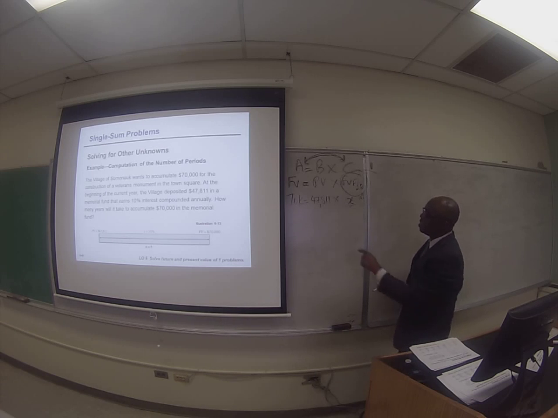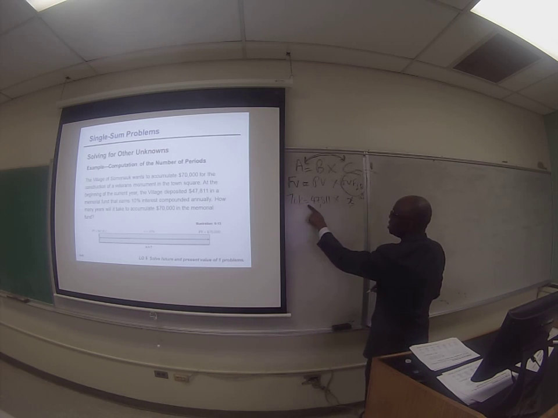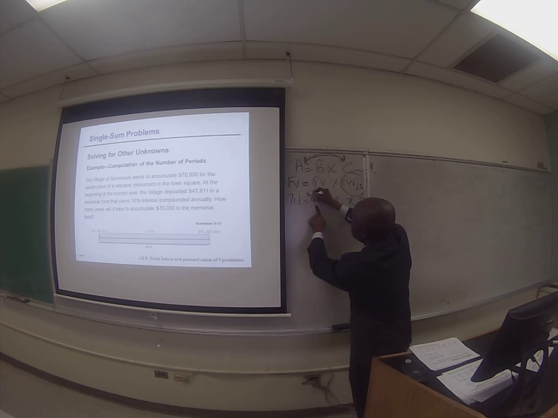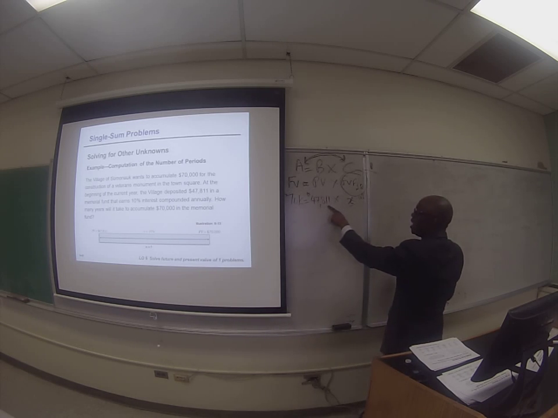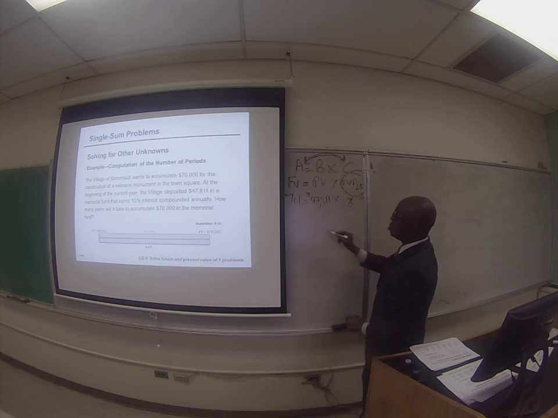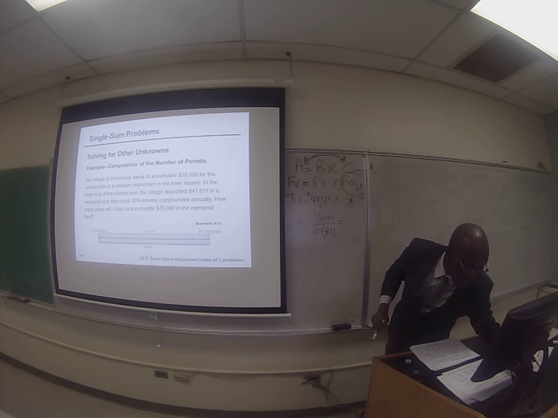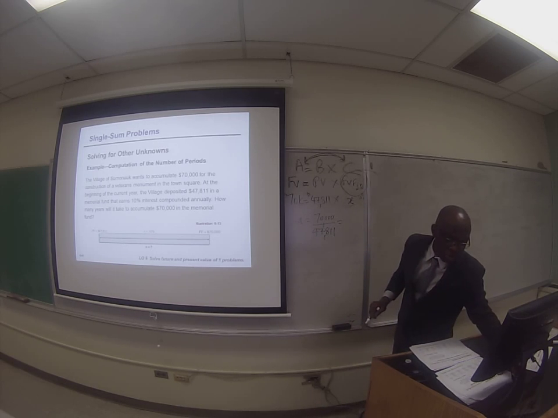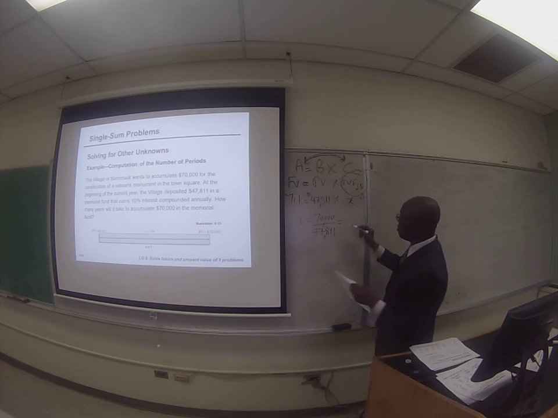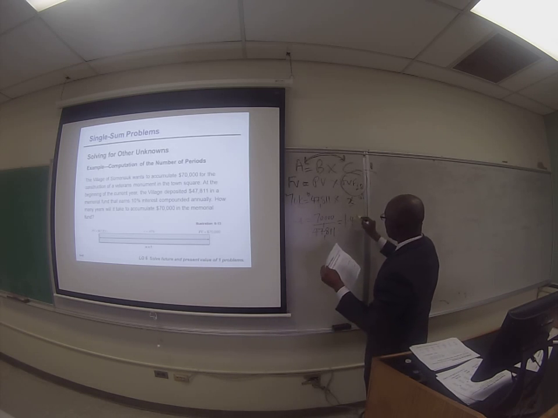So we have 70,000 equals 47,811 multiplied by X. So we can now solve for X. X will be 70,000 divided by 47,811, and that will give us 1.4641. All right?